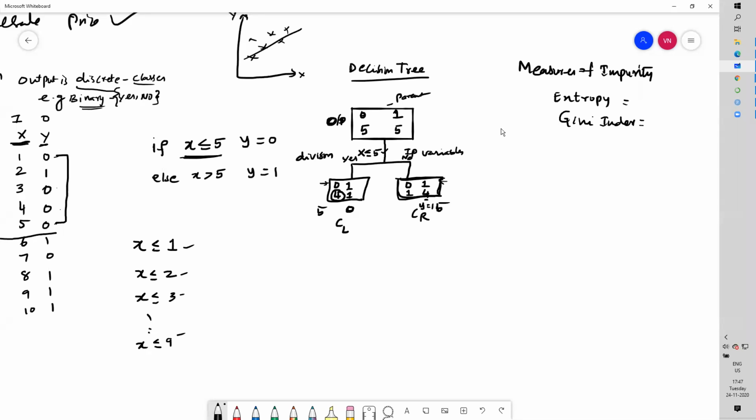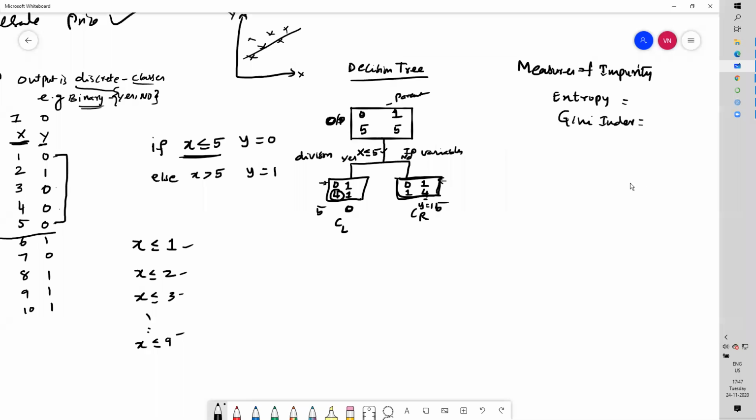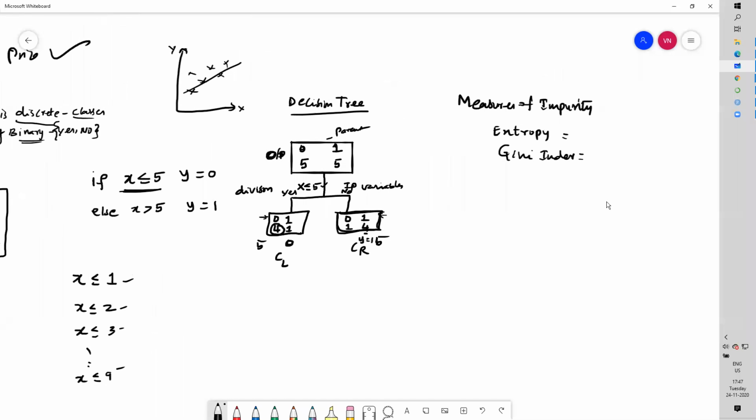So what is entropy? Entropy is measured as negative times sigma pi log pi to the base 2, with i from 1 to k, where k is the number of classes.